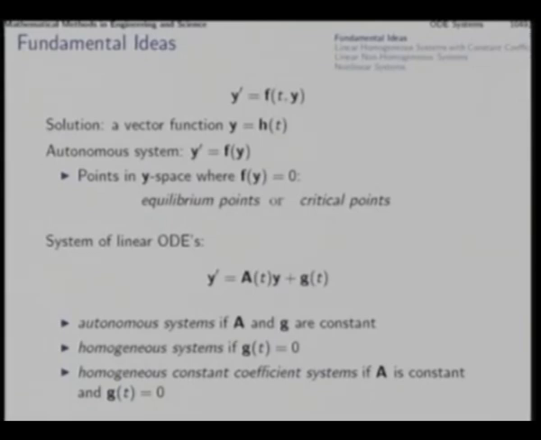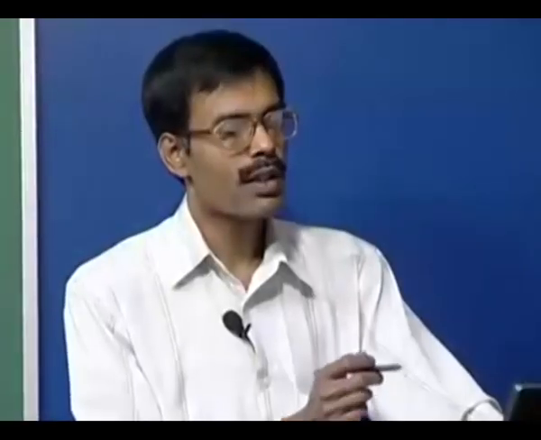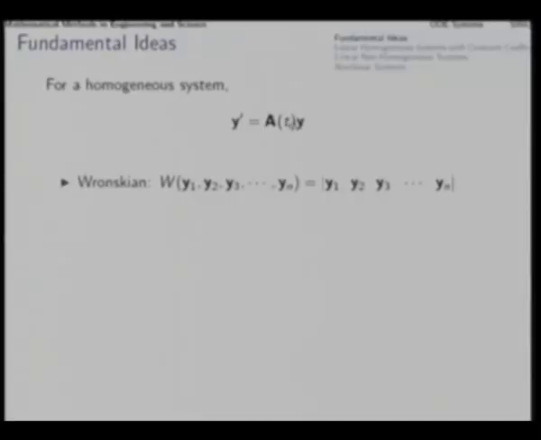First, this homogeneous system y prime equal to A(t) y. So, for a homogeneous system like this, if we construct n solutions, y1 vector function, y2 another vector function, y3 another vector function, all satisfying this, then for these vector functions we can form the Wronskian.